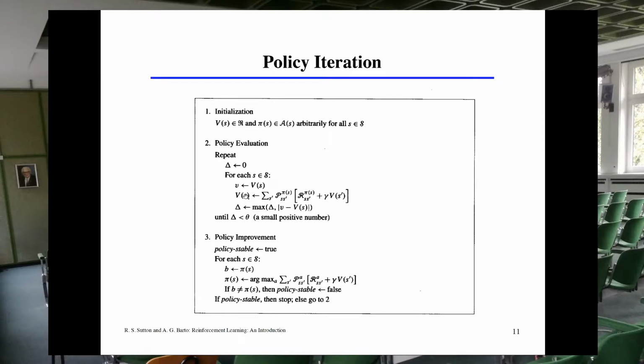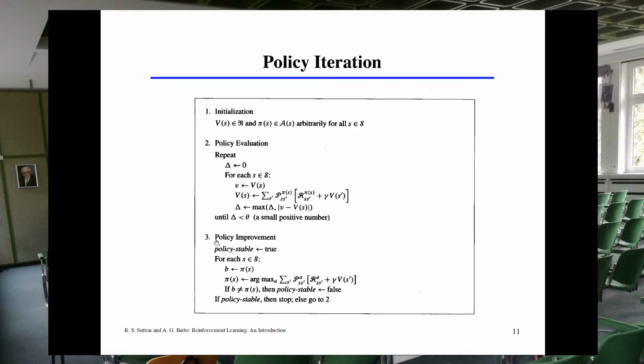You need to apply this for every state, so for state 1, 2 and 3, and you will be keeping track of this difference. When you consider that this is enough, so this change from one iteration to the other is very small, then you stop this. So after this part has converged, you have performed policy evaluation.